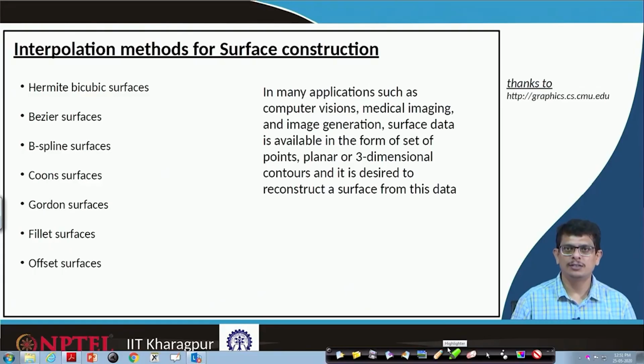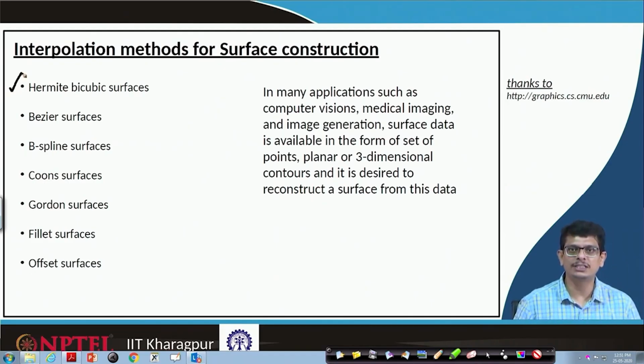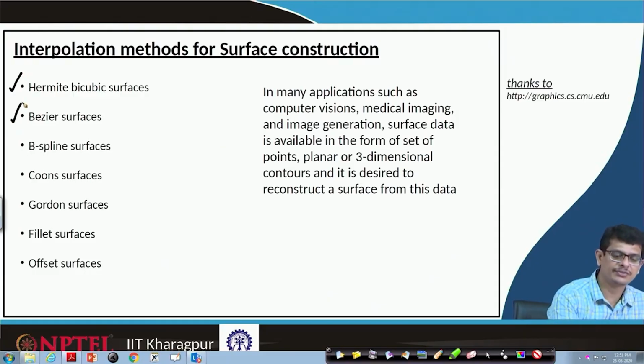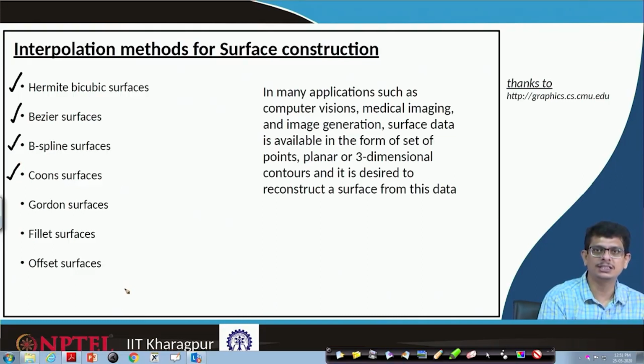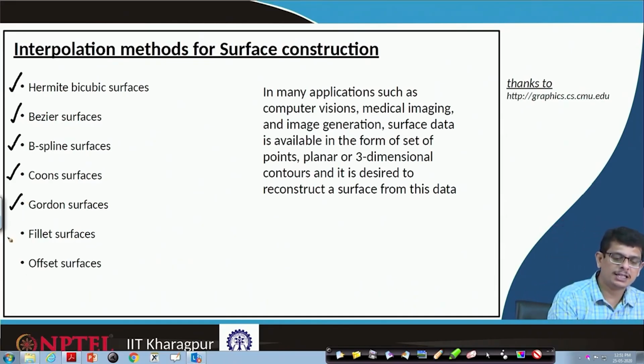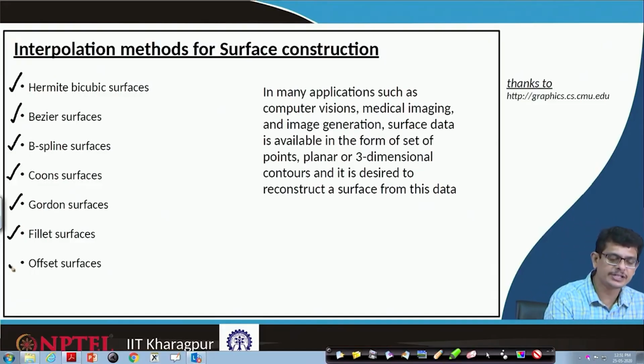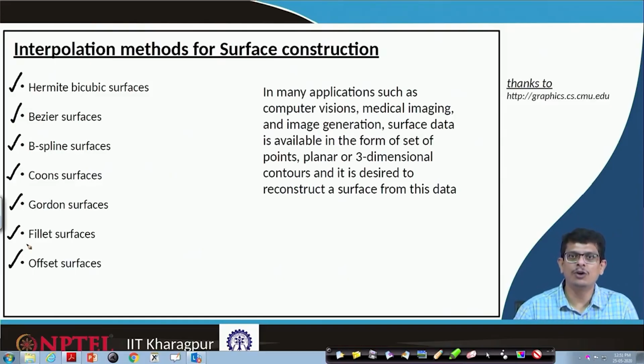Most of these software packages work on basic principles like Hermite bicubic surface construction procedures, or Bezier surfaces, or B-spline surfaces, Coons surfaces which are popular, or Gordon surfaces, sudden sharp changes associated with surfaces, rounding of surfaces like fillet surfaces, chopping of materials named offset surfaces. So, now we will have some idea about these surface construction procedures step by step.